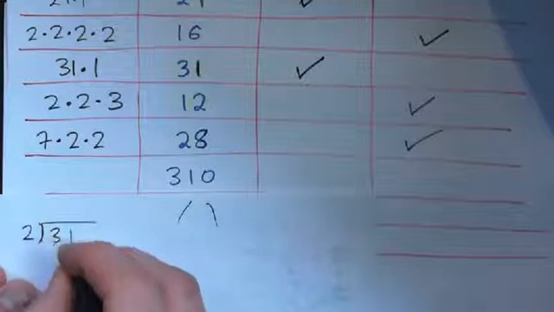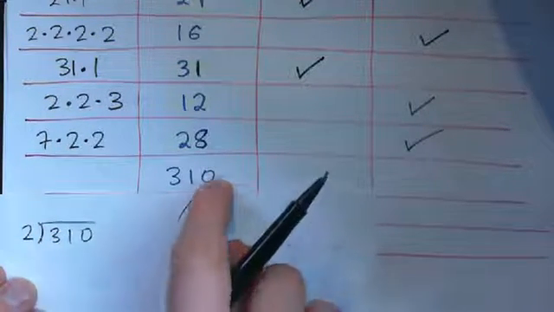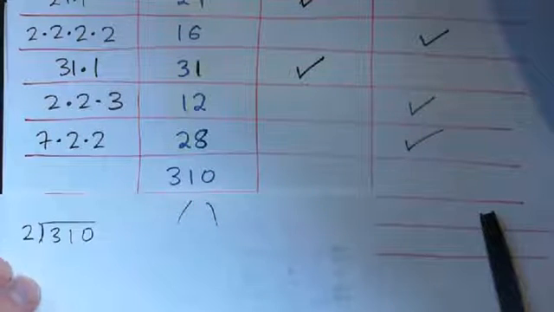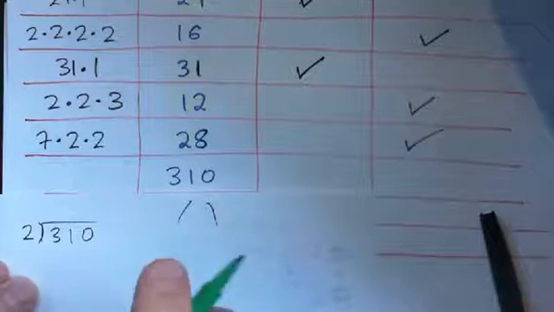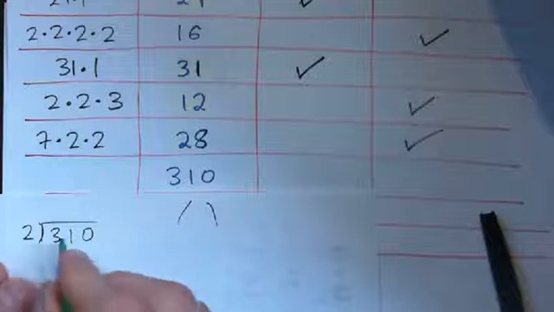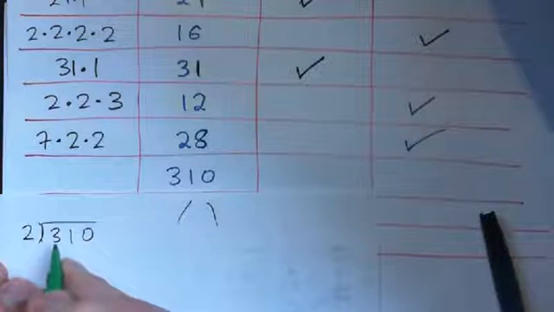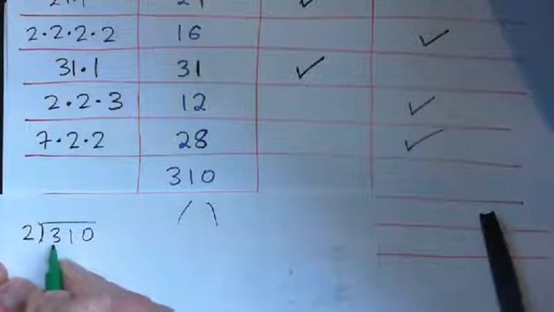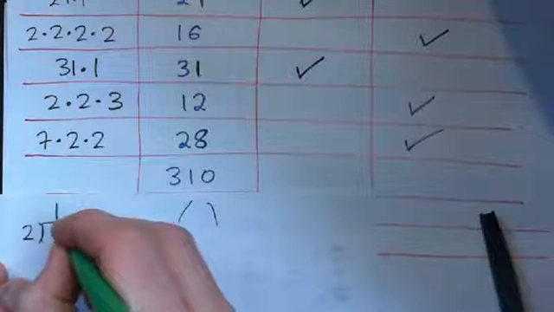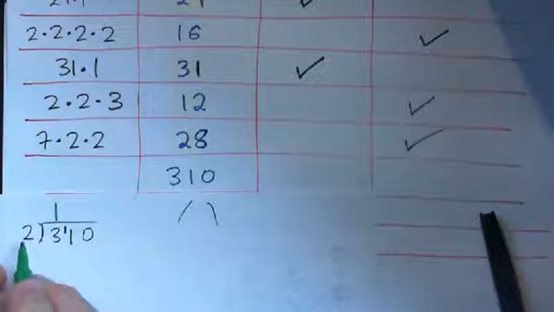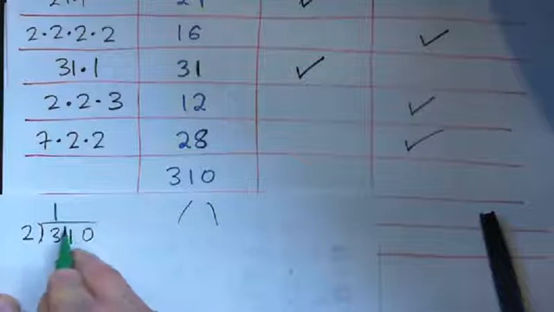Because it's an even number. So if you did that, you do a little bit of long division. But 2 into 3 goes once, remainder 1, right? Then you go 2 into 11. What's 2 into 11?